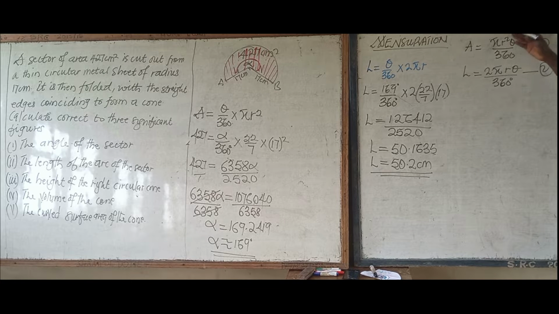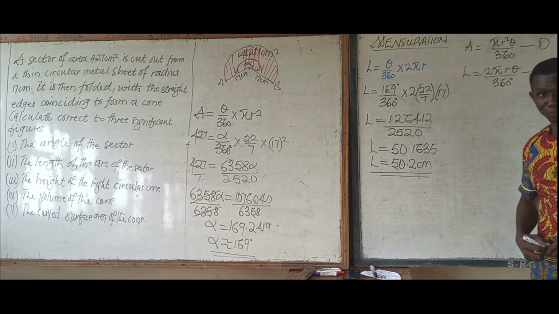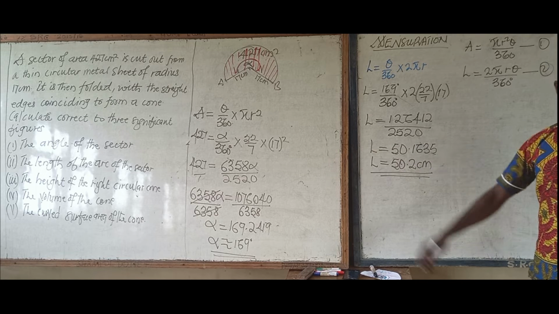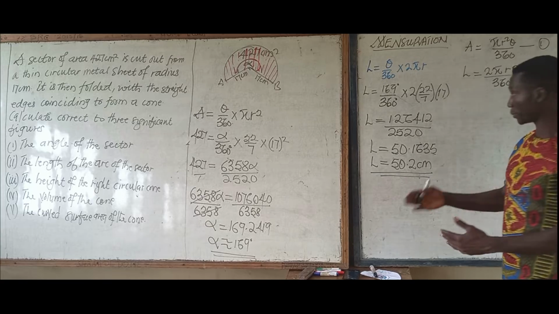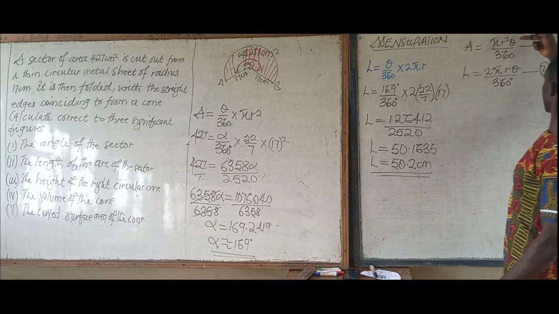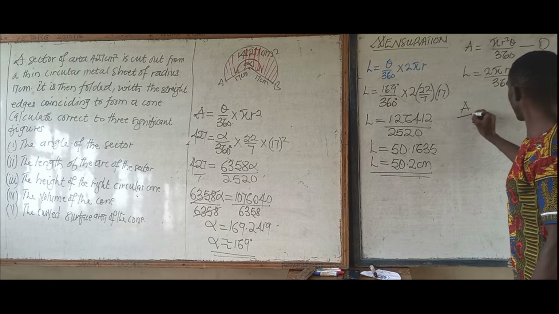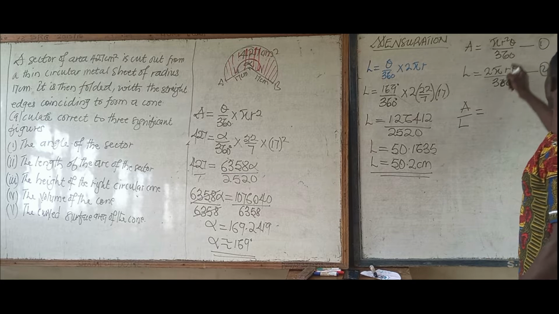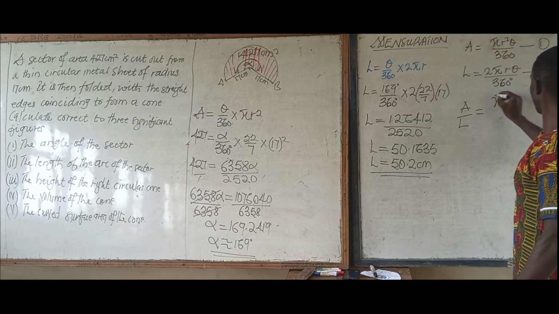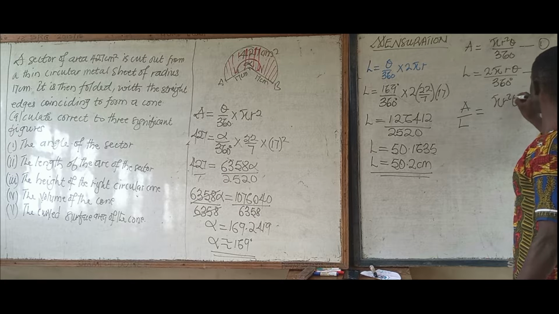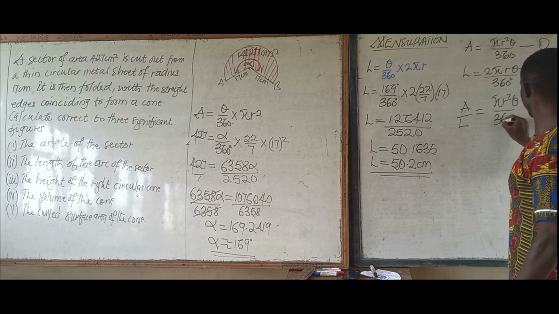This is how we reduce formulas, especially for those who do science and math quiz, so that when they are calculating, they don't go by the long method. It becomes very simple. So now, divide equation 1 by equation 2. So A over L should be equal to pi r squared theta over 360, divided by 2 pi r theta over 360.